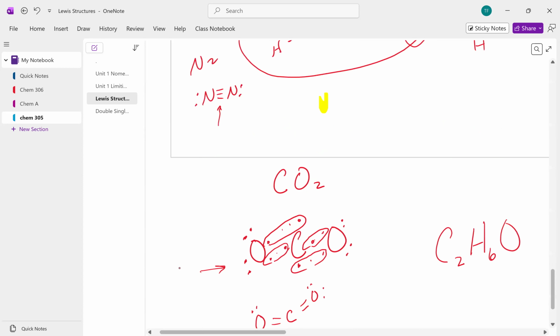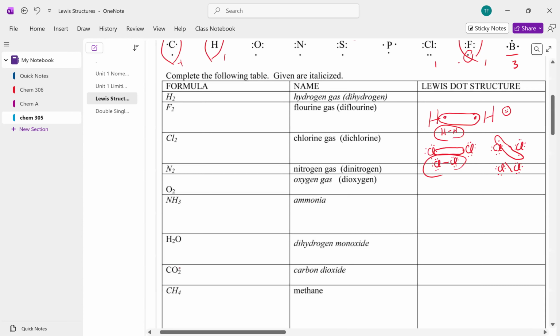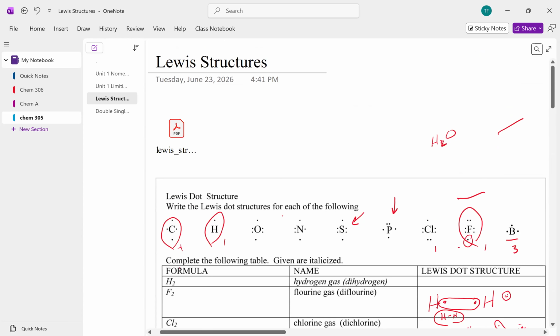And use these guys up here. So a single carbon has got 4 valence electrons. 2 carbons has got 8. Oxygen's got 6. Nitrogen's 5. Sulfur is 6.